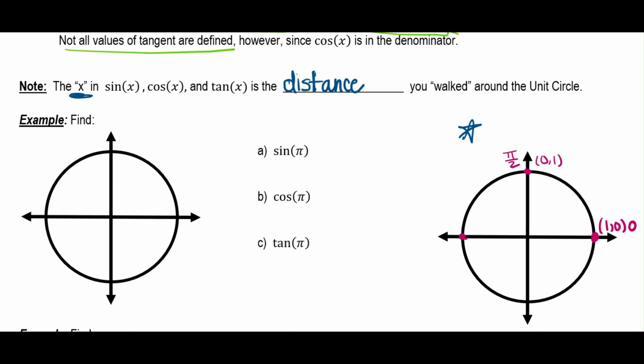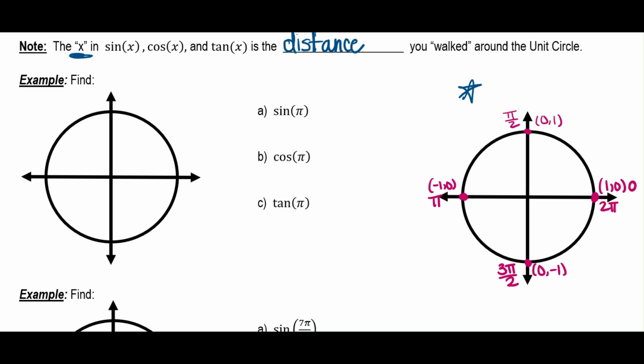And then if we keep going, we'll get to negative 1, 0, which we also know as pi. And then our third stop will be 0, negative 1, which we also know as 3 pi over 2. And then if we finish off our circle, we end up back at 1, 0. And since we've gone all the way around, that also represents 2 pi.